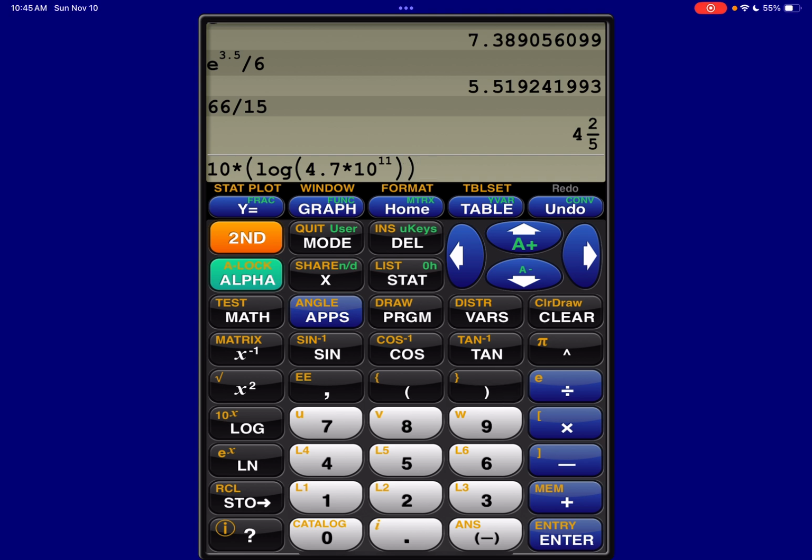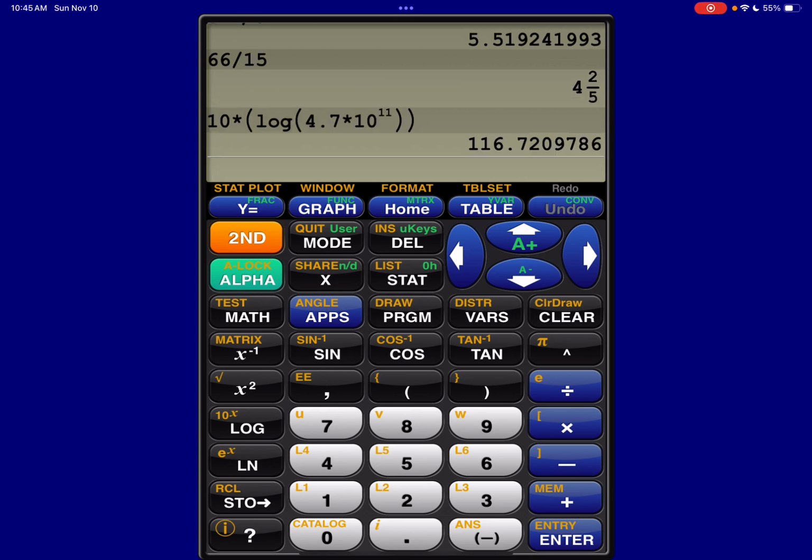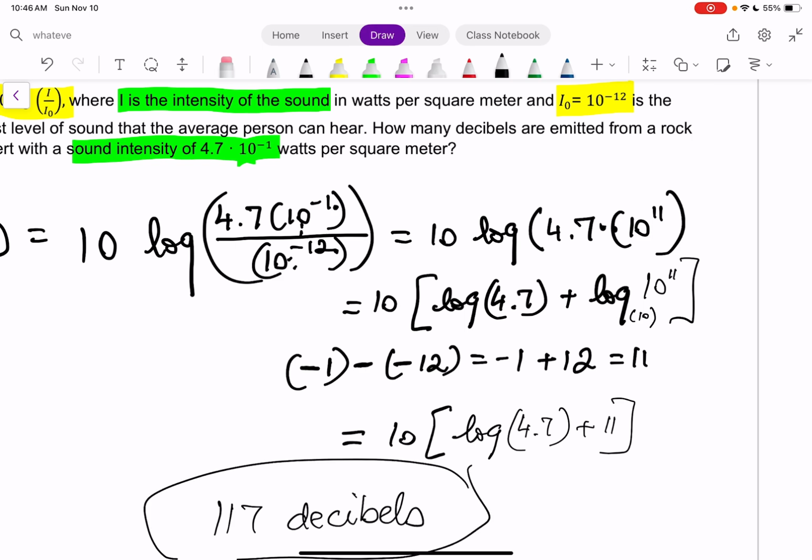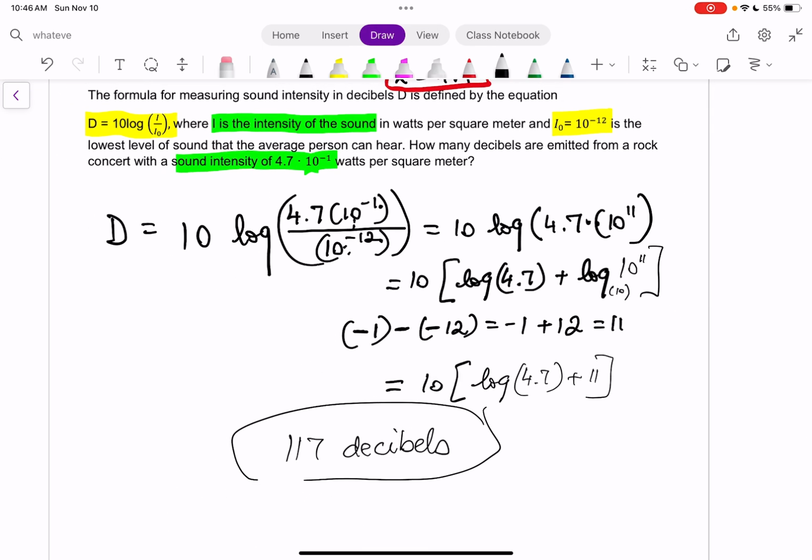So I had 10 times common log of 4.7 times 10 to the power of 11. So 116.7, about 117 decibels. That's a lot, by the way. All right. So here it is, easy.